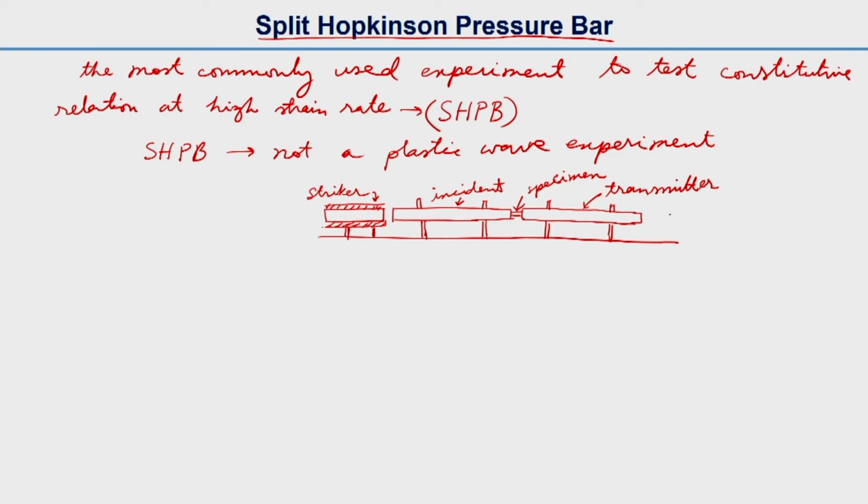There will also be something we call a momentum trap to restrict the movement of the transmitter bar out of the assembly.